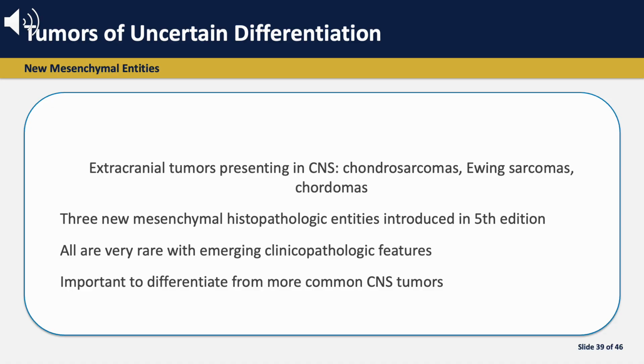Tumors of uncertain differentiation include 3 new mesenchymal histopathologic entities that were introduced in the 5th edition of the WHO Classification of CNS Tumors. While all are very rare and their clinico-pathologic features are still being described, it is important to recognize how they differ from more common CNS tumors.